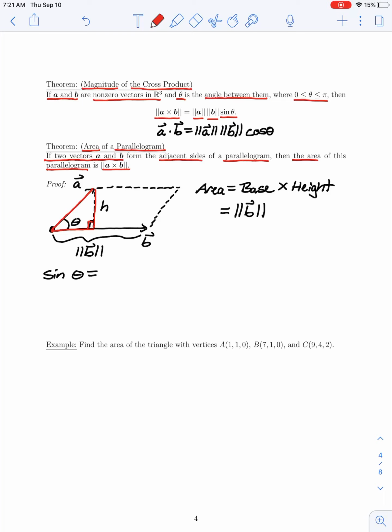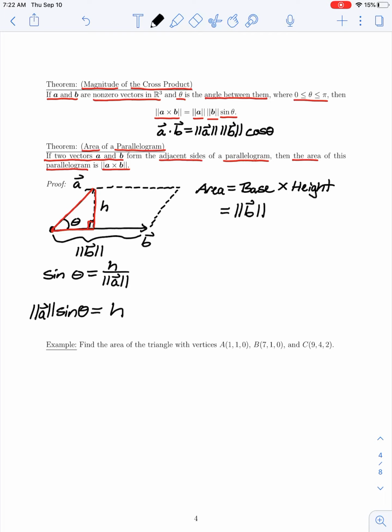So sine of theta would be given by the ratio of the length of the opposite side, which would be H here, or the height of my parallelogram, divided by the length of the hypotenuse, which would be the length of our vector A, or the magnitude of A. So solving for H, we would multiply both sides by the magnitude of A. So the height of this parallelogram is the magnitude of A times sine of theta.